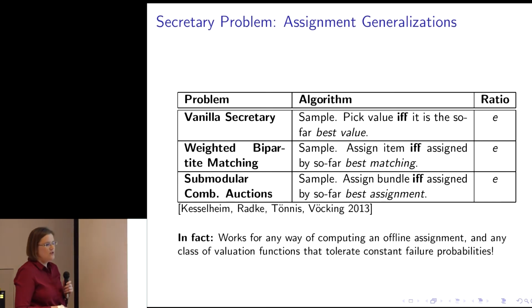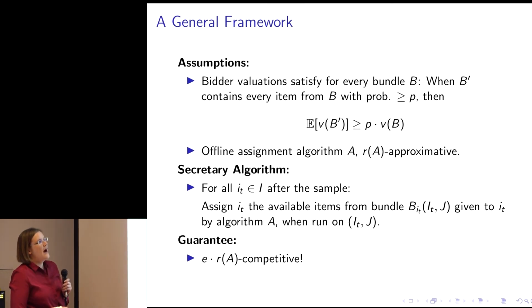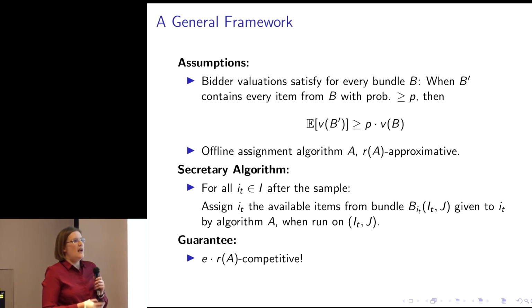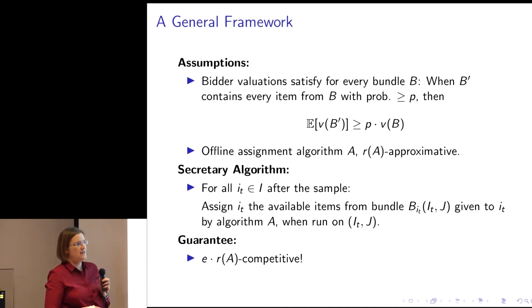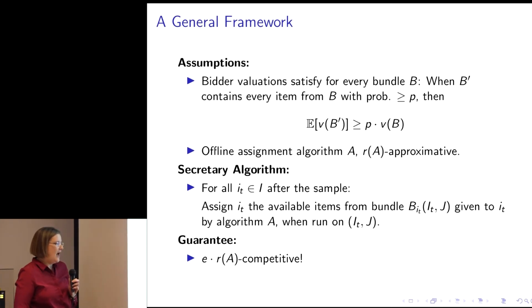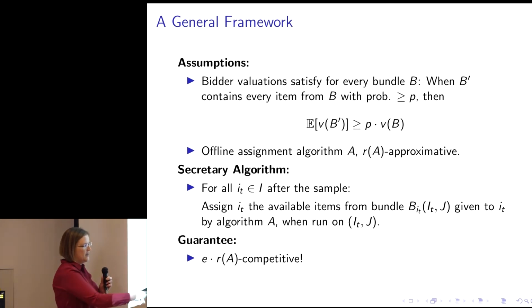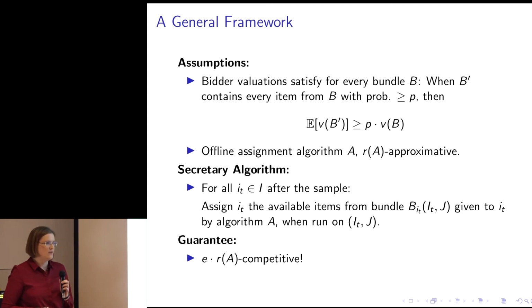And in fact, you can generalize this even a little bit more. You can say, okay, if you have bid evaluations that satisfy that every item from a bundle is there with a constant probability, and you also have an offline assignment algorithm that is somehow approximative to the optimum, you can do a secretary algorithm that works just this way, and that will give you a guarantee that is E, and then taking into account the guarantee that A gives you.